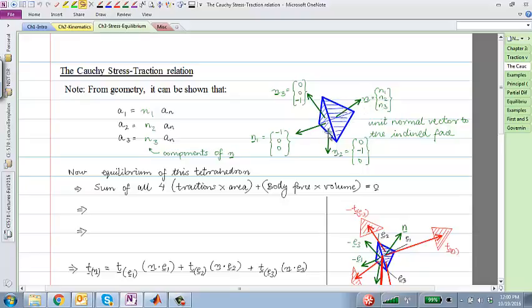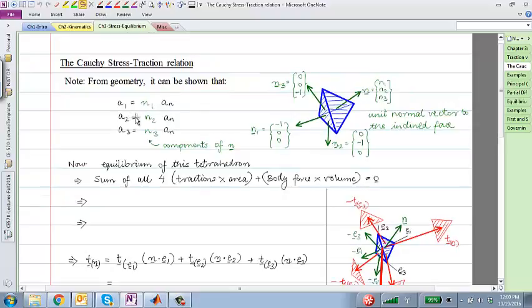So I know that the normal vectors to the three coordinate faces are just minus E1, minus E2, minus E3. And the inclined face normal might have three components, N1, N2, N3, right? This is something that hopefully, well, I know you guys did in the homework.